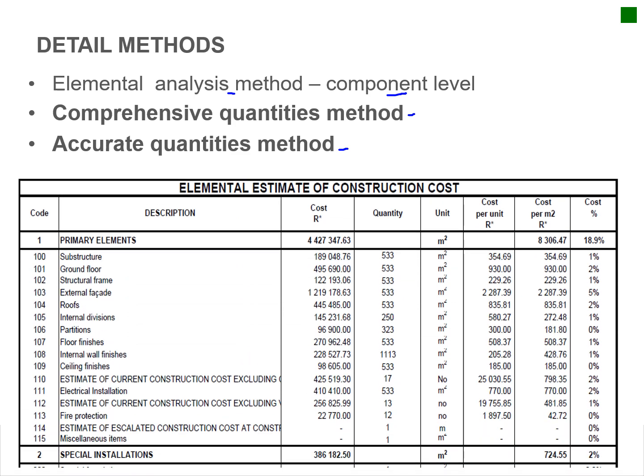So you can see your elemental estimation is now broken down. Here you've got your primary elements divided into all of these items, and you can see this is just a summary. So you can calculate your total cost, your area of your building, and then you just calculate what your rate per square meter is based on your elements that you measured.